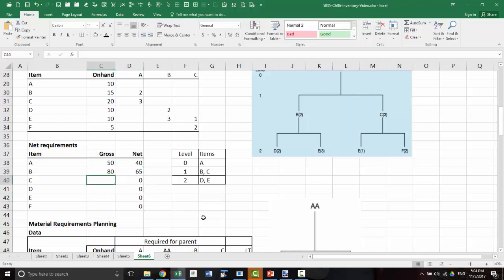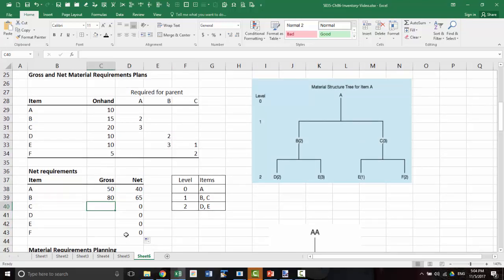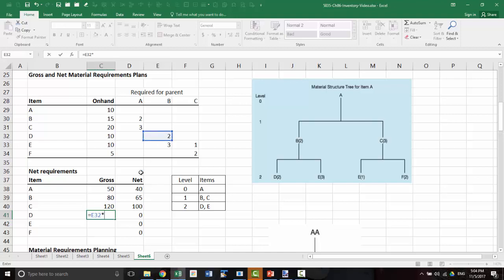So we need to build only the formulas for gross. C, you need 3 units for each A, so times net of A. Now D, you need 2 units for each B, so each B is that.